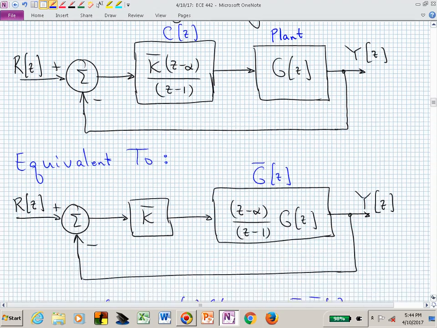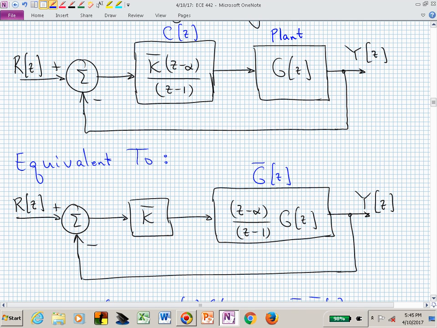But to make that consistent with the way that we've been thinking about moving closed loop poles, we can now slide those two new factors into the forward transfer function that we call G bar. And if we now fix alpha, the bottom is now fixed. That's this Z minus 1 factor. And now we have the ability to manipulate K bar to give us our closed loop poles.